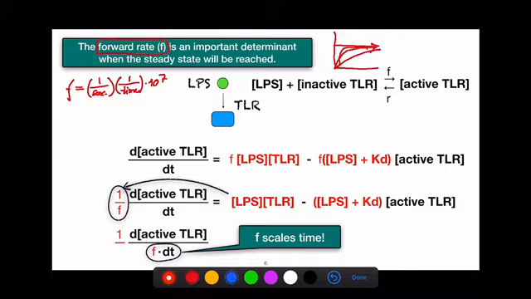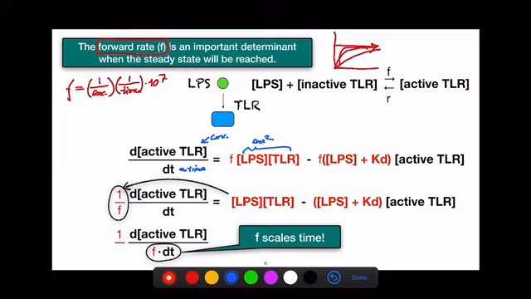And let's examine the unit on the left-hand side versus the right-hand side. You can see a concentration and time. The scale of time is not given yet. But here you see concentration squared.